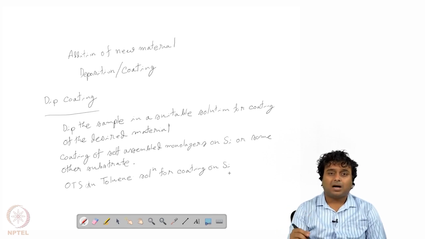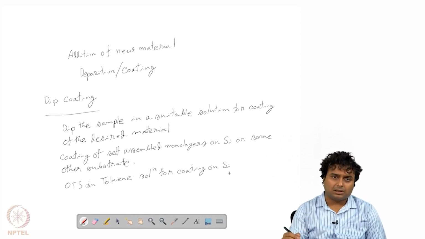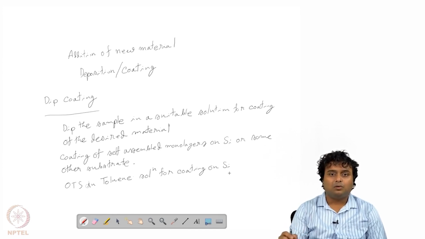How precisely we dip and the speed of retraction, while taking the silicon piece out of the solution, determine how the OTS will be coated on silicon. So this is a simple example of dip coating.